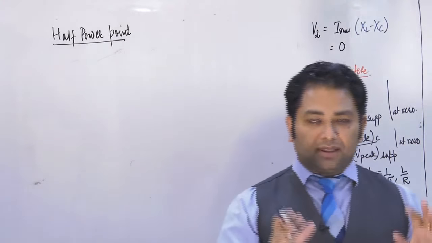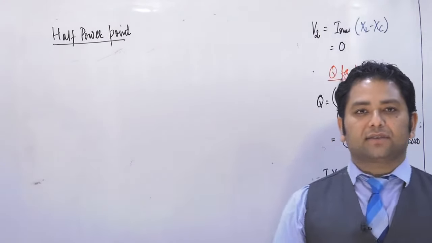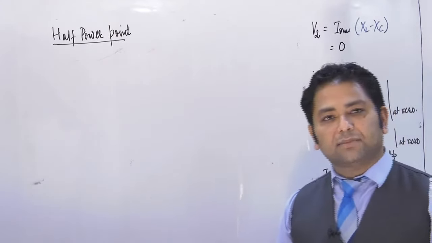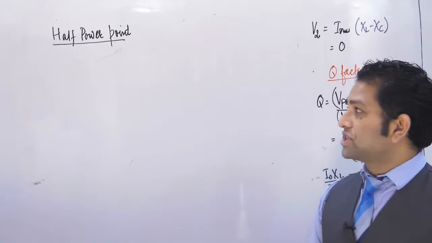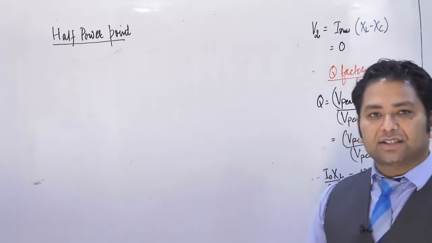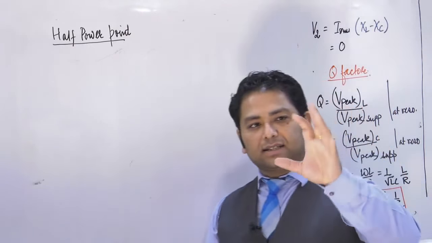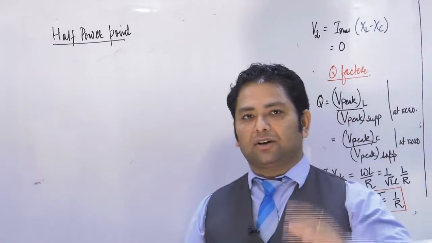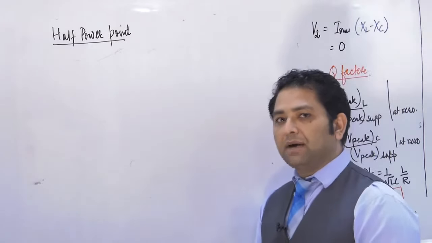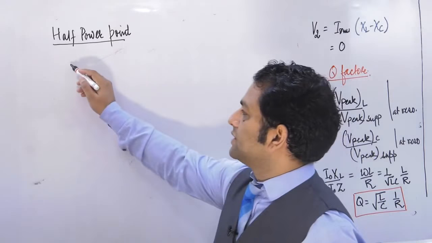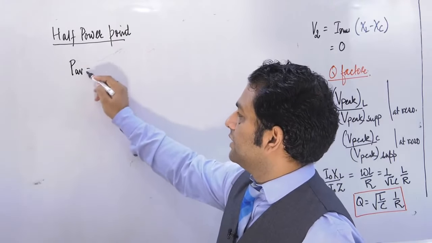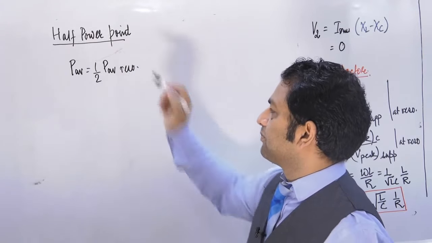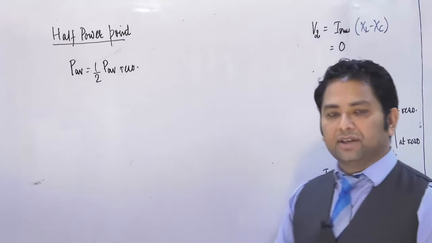In fact, this half power point finds a very great significance and importance when it comes to situations like communication engineering, where signals have to be broadcasted, like the radio signal, the television signal, there are lots. So the meaning of half power point is that frequency where the average power is half the average power of resonance. So that's how we define it.